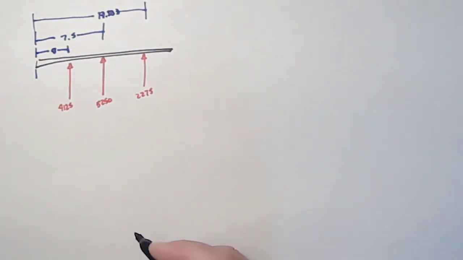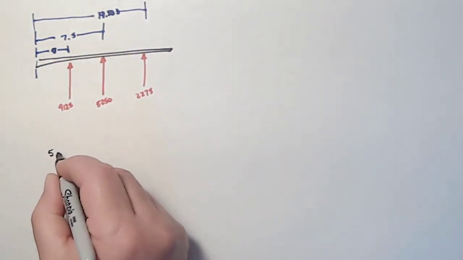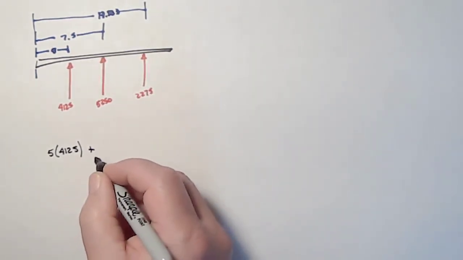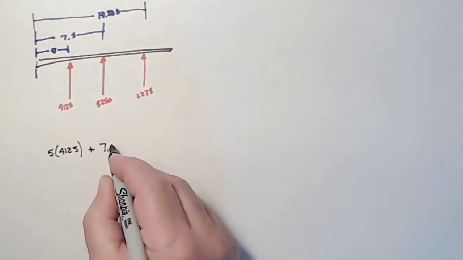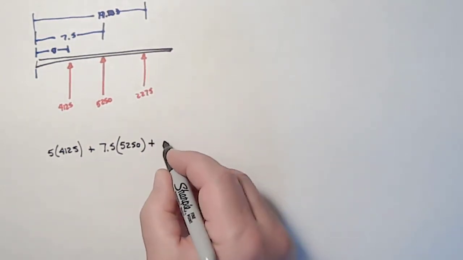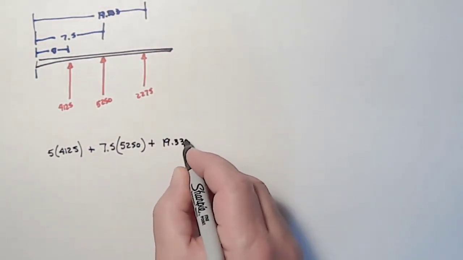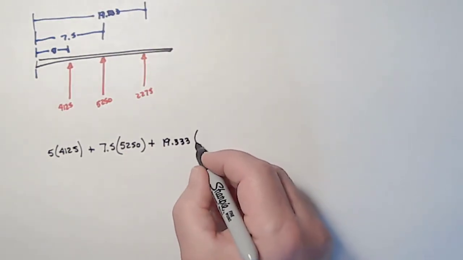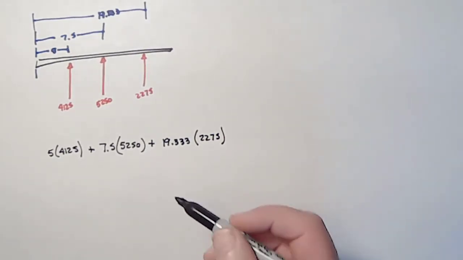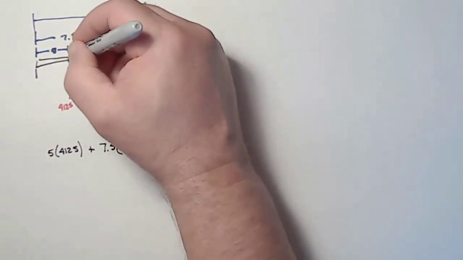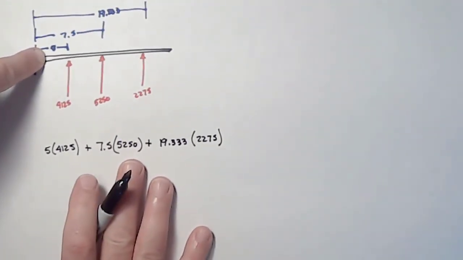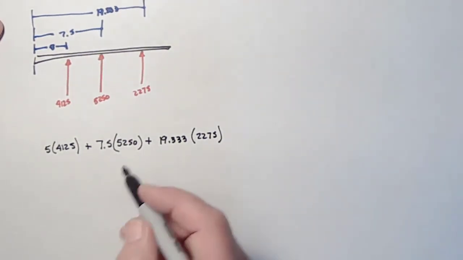Now I can total up those moments. 5 times 4125 plus 7.5 times 5250 plus 19.333 times 2275. Notice that each one of those is going counterclockwise.